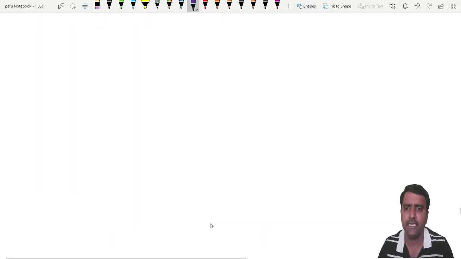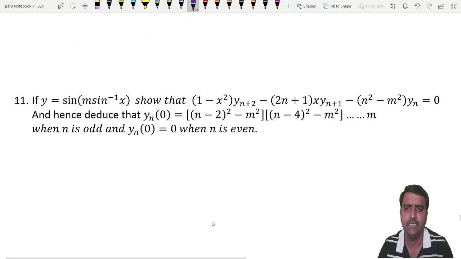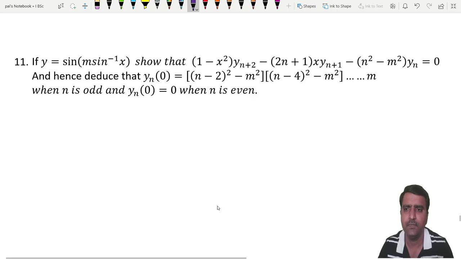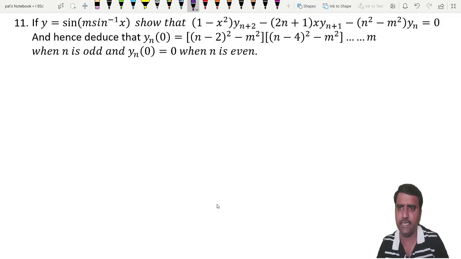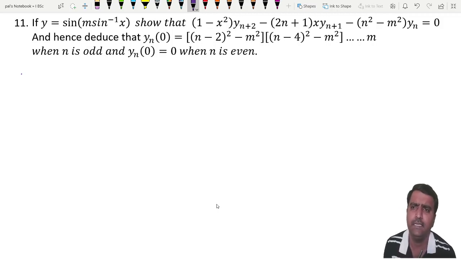Similarly, you try to find some more problems. y is equal to sine of m sin inverse of x. Okay, try to solve this very quickly. y is equal to sine of m sin inverse of x. I think it is an easy one.